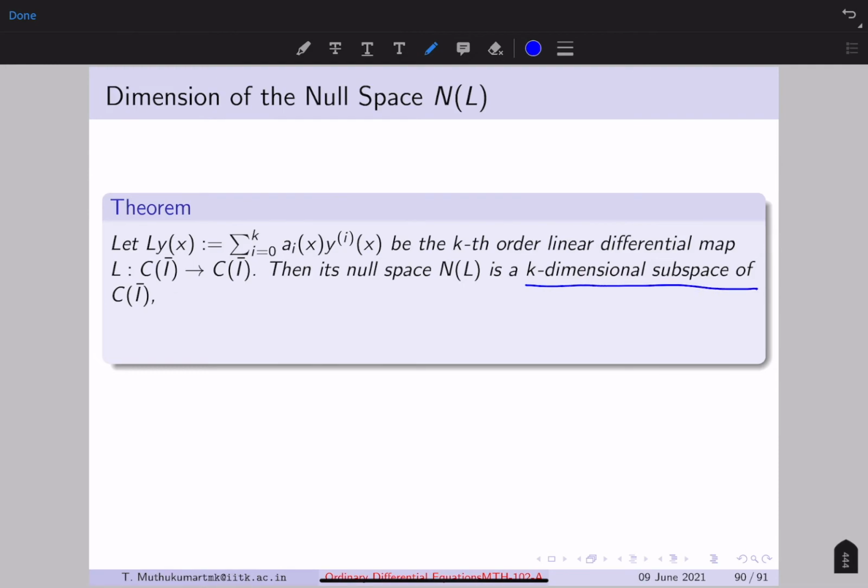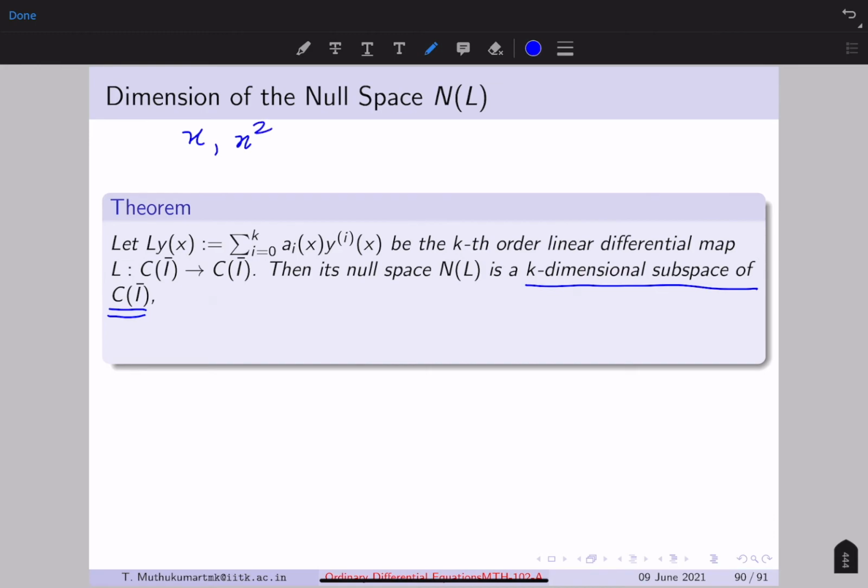What is the dimension of the space of all continuous functions? It is not finite. How do you quickly see that? In the previous example, I showed that x and x square are linearly independent.